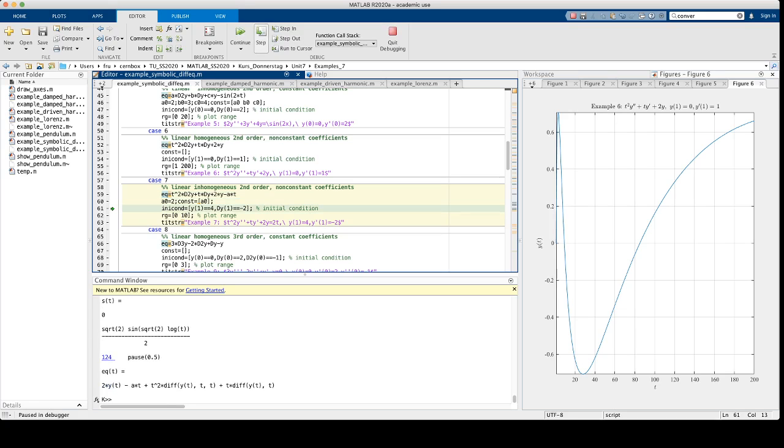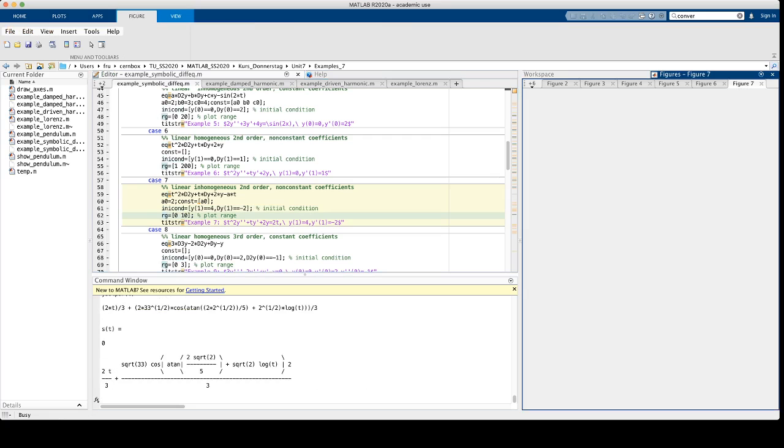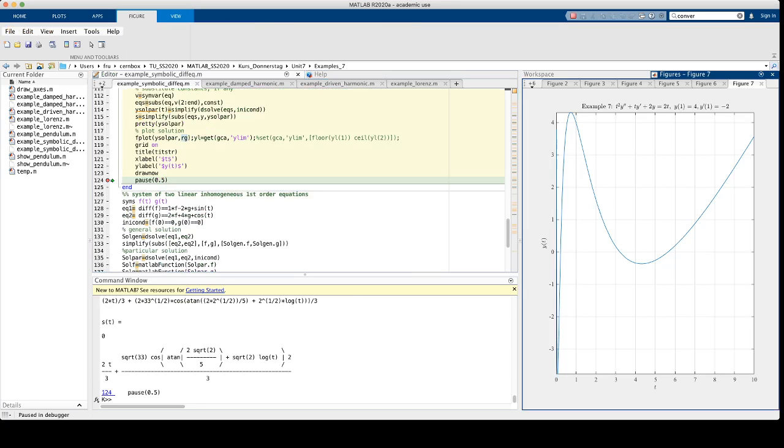We need again two initial conditions. So you see again the solution in the command window and the graph in the window of figure 7.